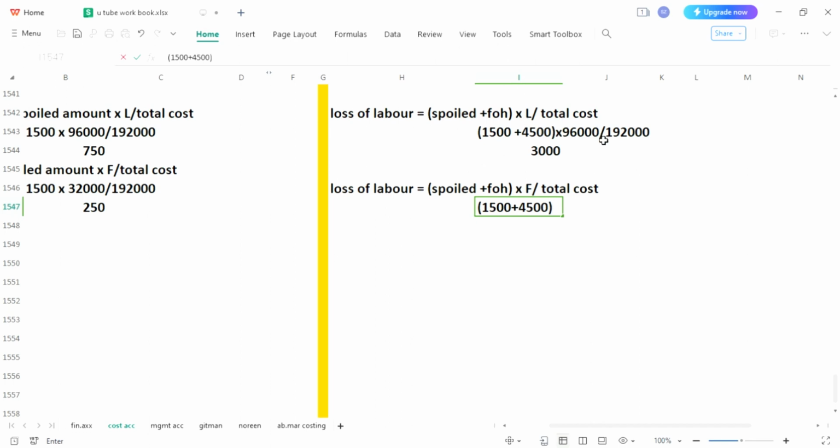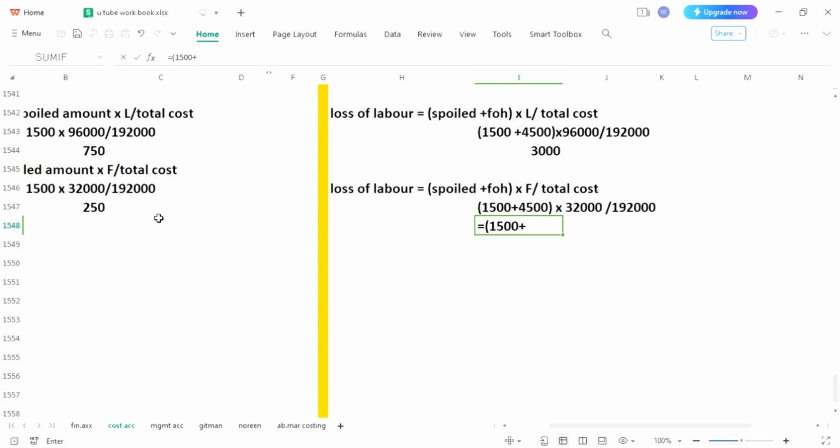Just one change. Instead of labor 96,000, you will put factory overhead 32,000. So you will multiply it with 32,000, and ultimately it would be divided by 192,000 grand total. Statement is completed.